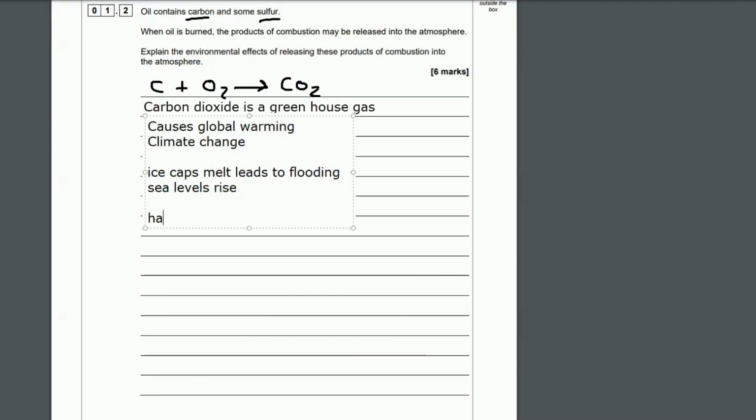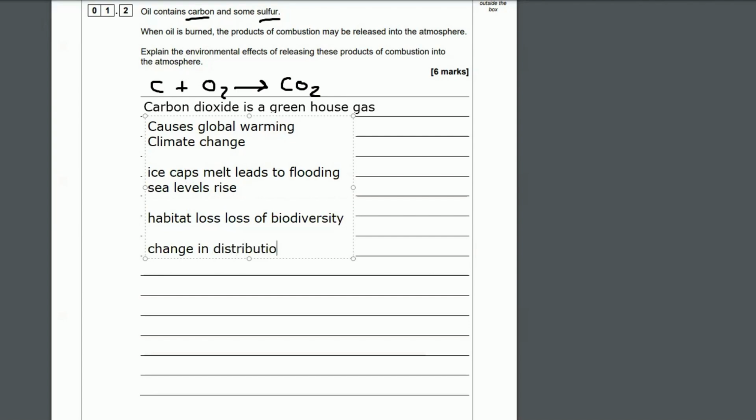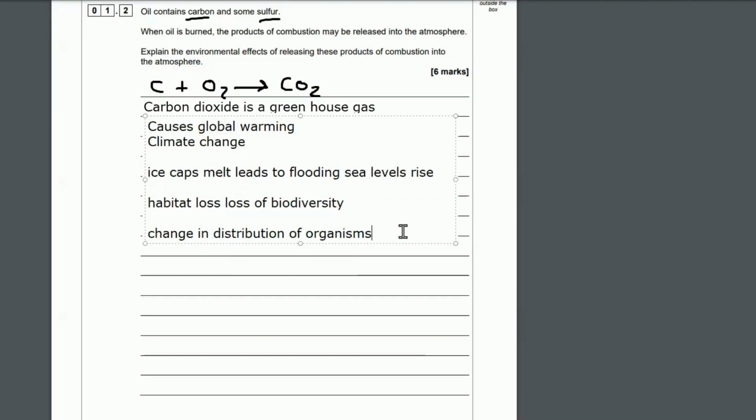And what can flooding do? Well, you can get habitat loss, loss of biodiversity, etc., change in distribution of organisms. Obviously, if an area becomes flooded, plants and animals that prefer a flooded area will live there. So it's going to change the spread of organisms on the earth and their positions.